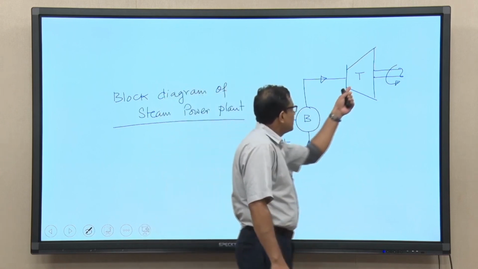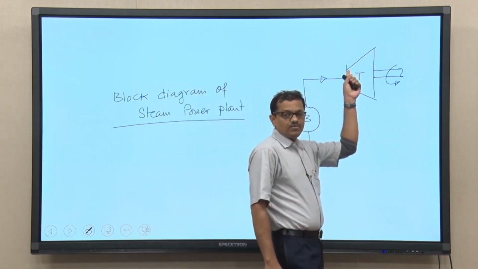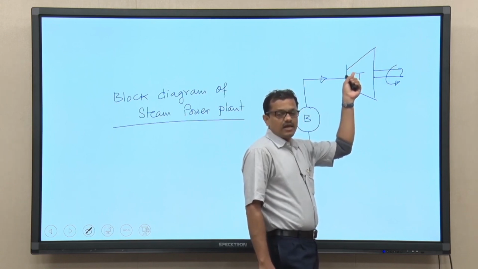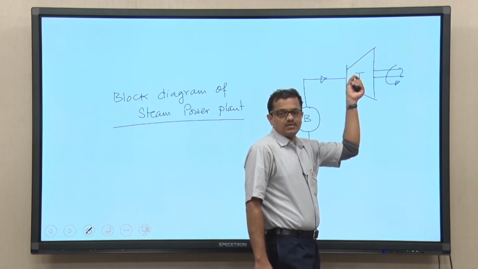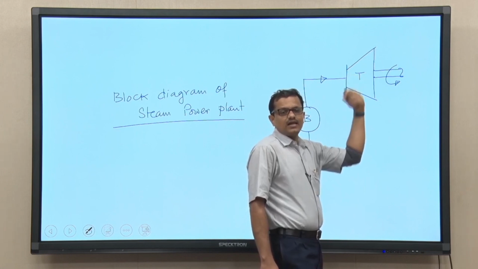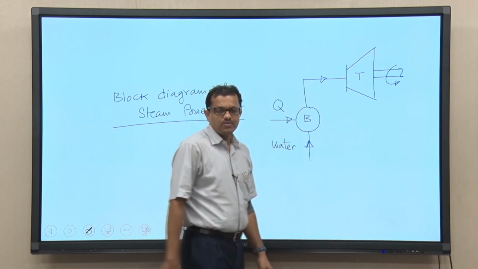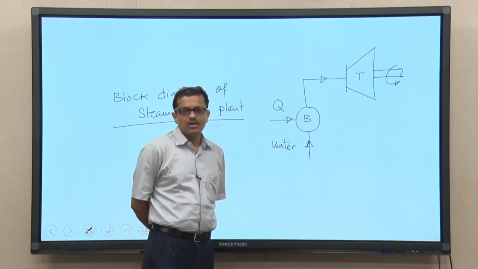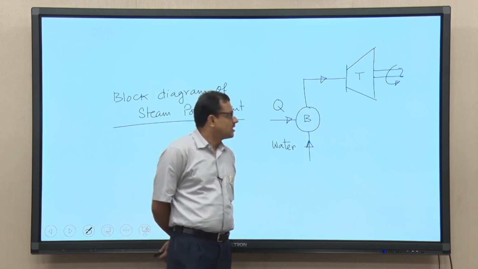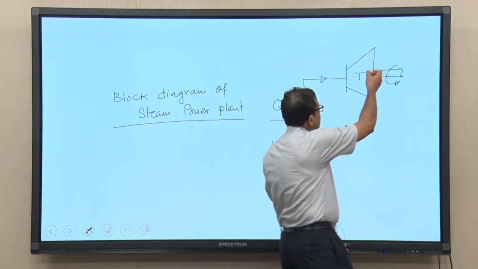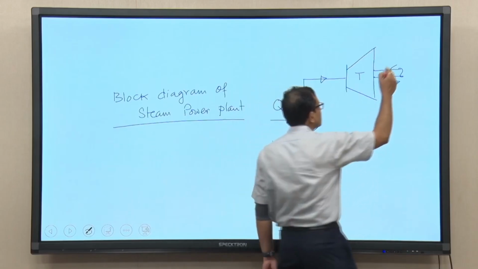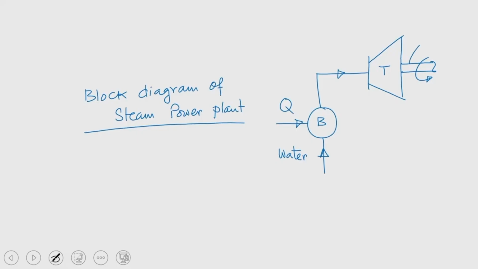Only when steam comes out from the flow nozzle is it directed to the turbine, where it impinges on the turbine blades, and by virtue of momentum change, the rotating part of this turbine, that is called the runner, rotates, and the turbine blades are mounted on this shaft. So, this is called the turbine shaft.